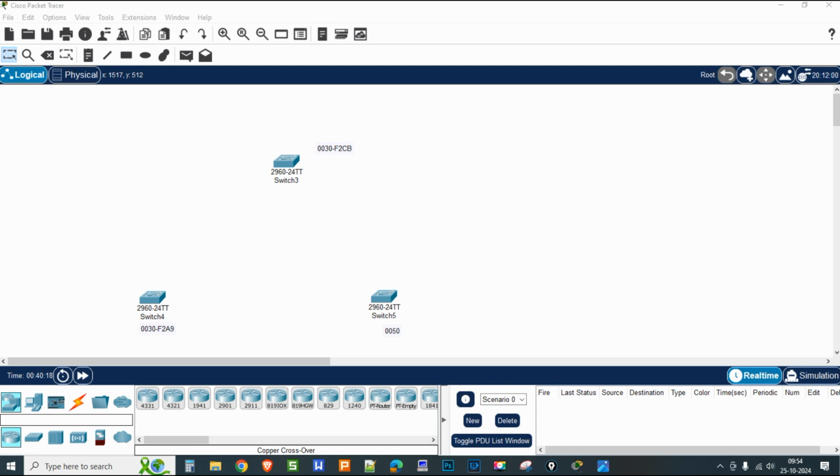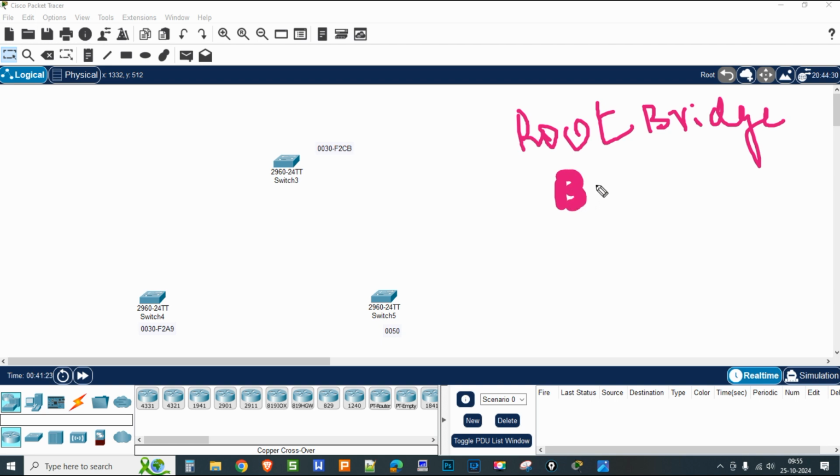Here, the first election process is the root bridge. The root bridge sends BPDU packets. BPDU is nothing but Bridge Protocol Data Unit.